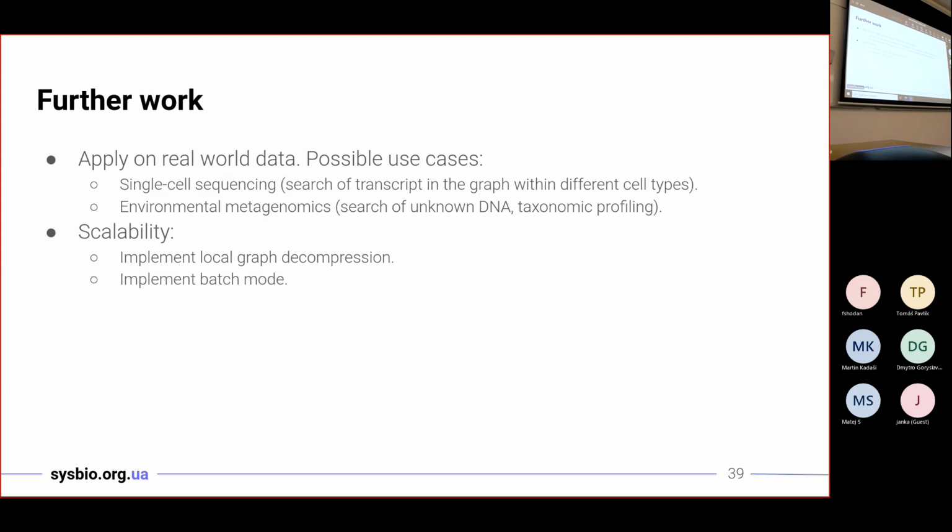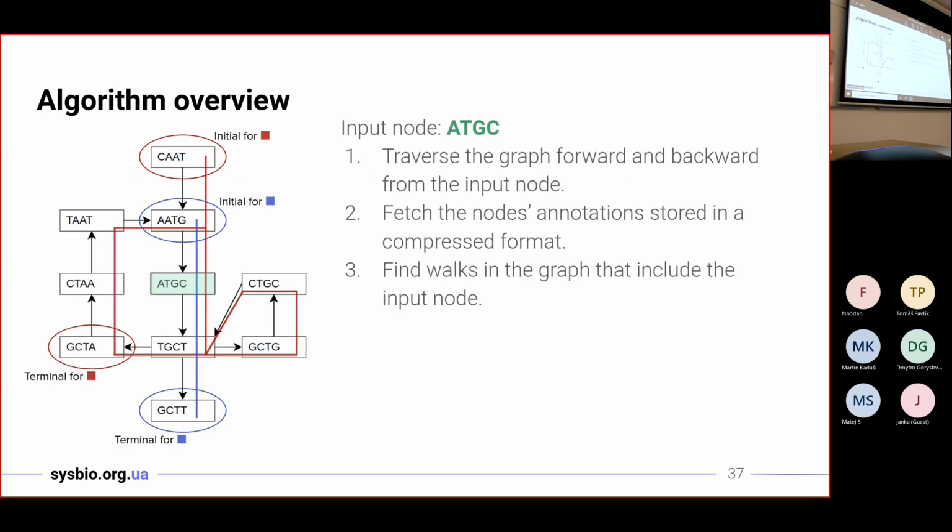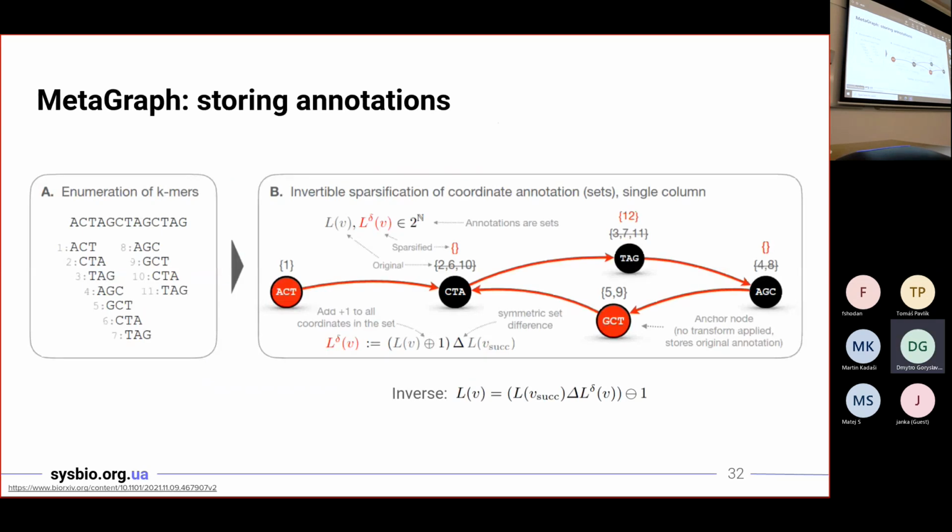And did I understand properly that you store the graph representation in this BOSS format, and then you store the annotation separately in that binary relation format? Yeah, sure.